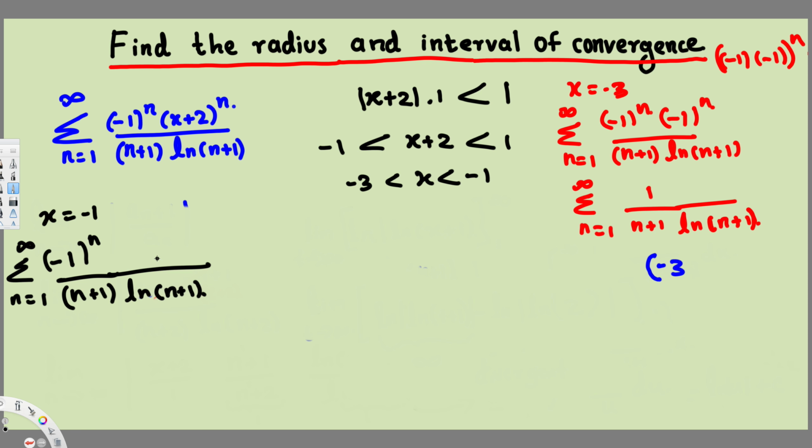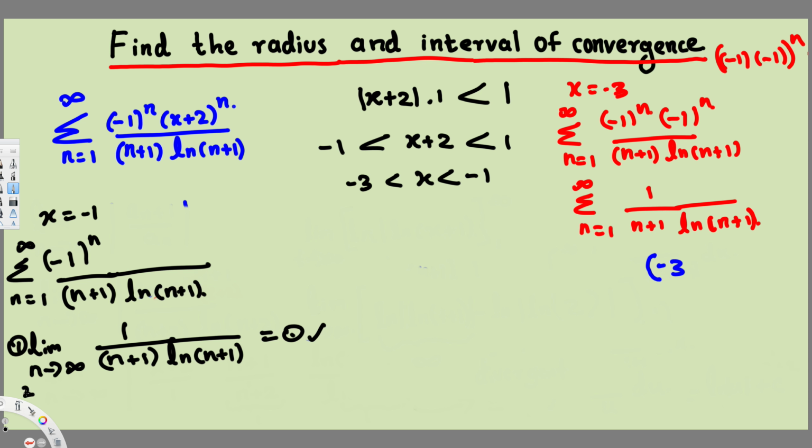So here the bn value is 1 over (n plus 1) times ln(n plus 1), and we take the limit as n approaches infinity. If you apply infinity for these n values, this is going to be 1 over infinity, which is 0. So this limit is 0, and that passes one of the convergence test conditions.